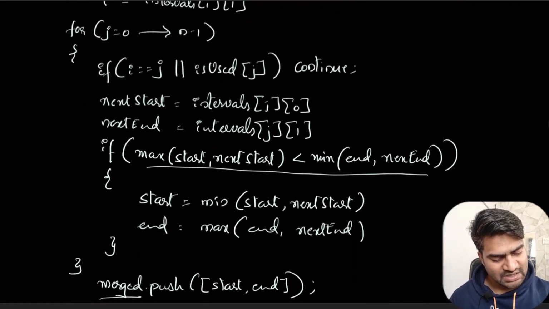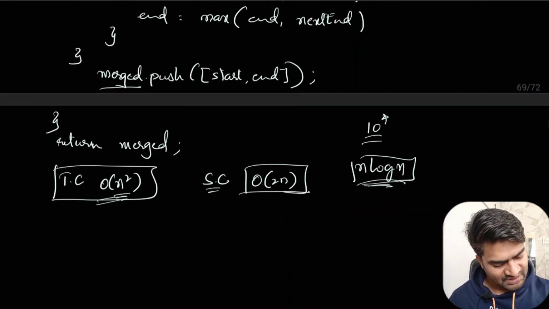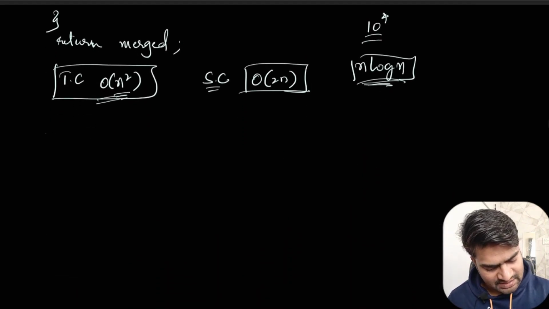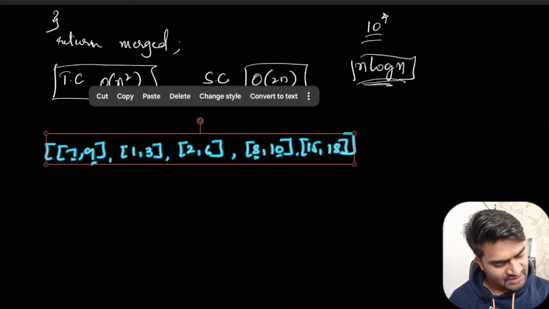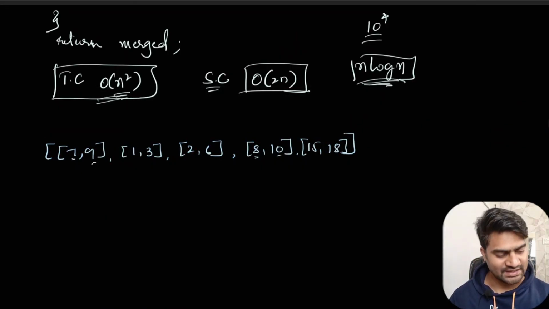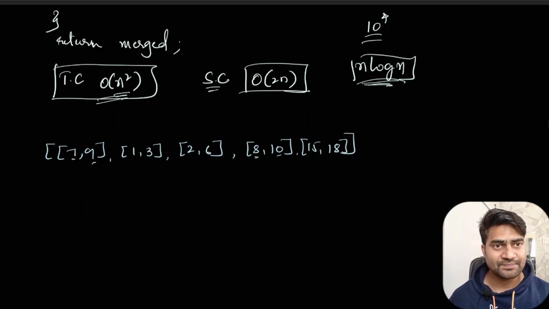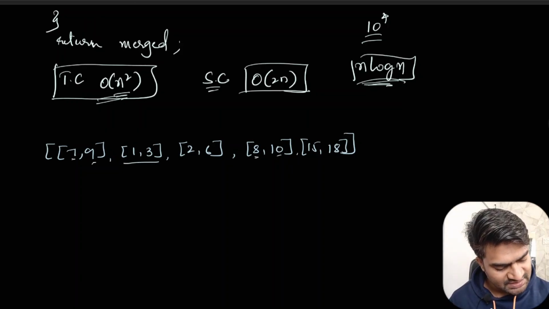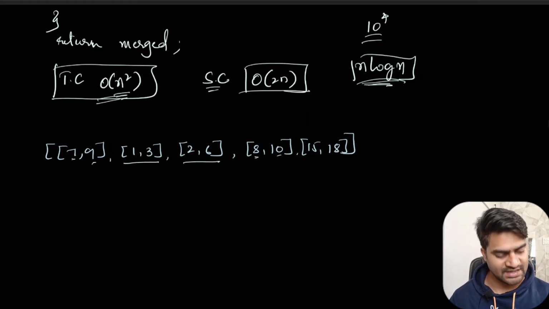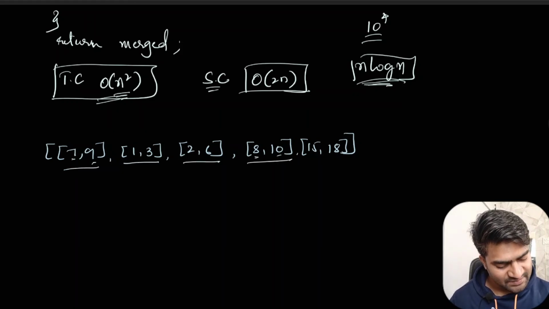So before that, what I will do, I will paste my array again. Okay, so this is my array. So now if you see this particular intervals, this overlaps with this, correct, right? This overlaps with this. So how do we say?